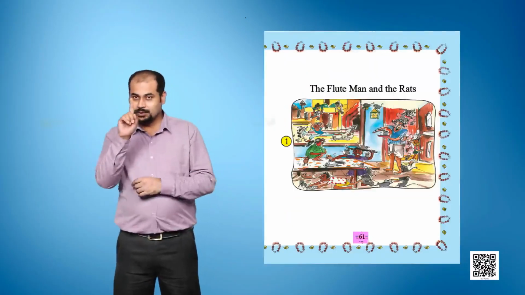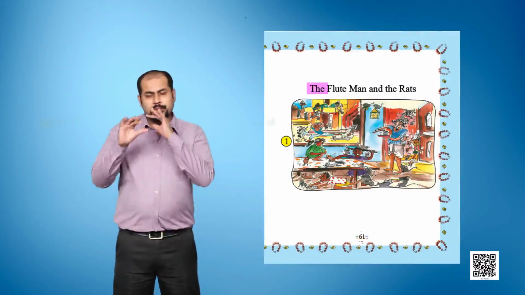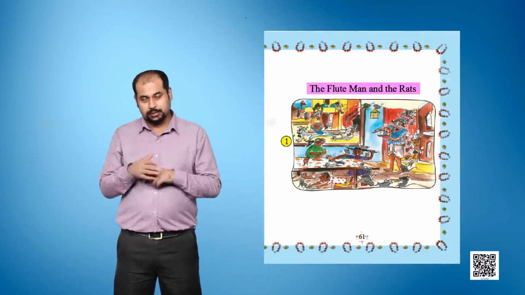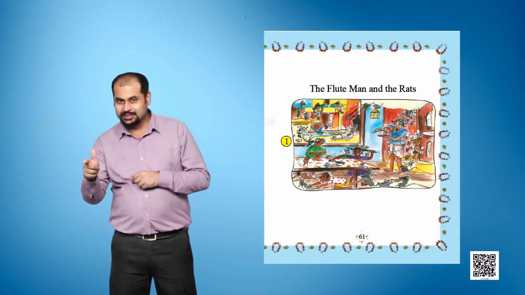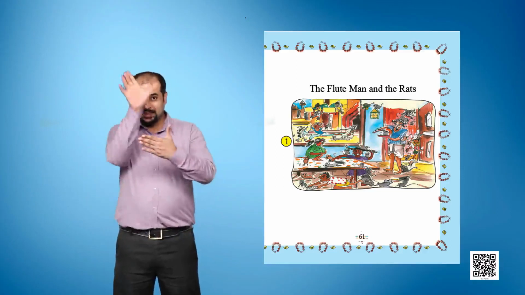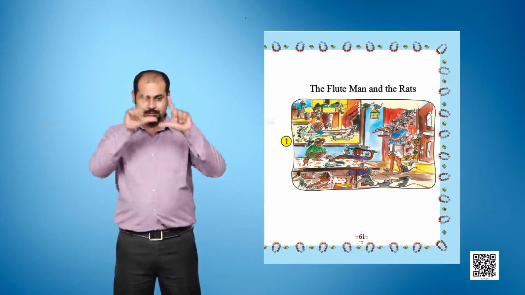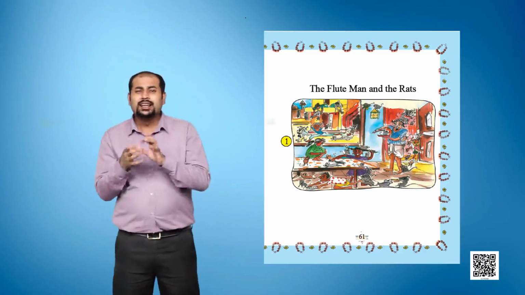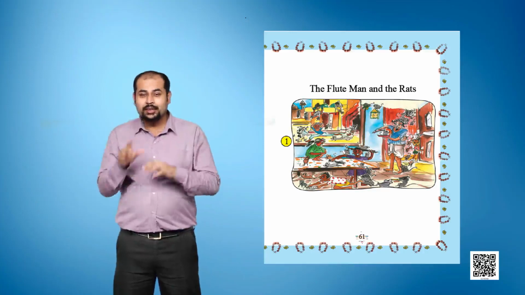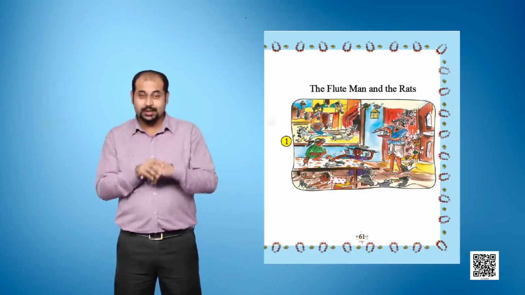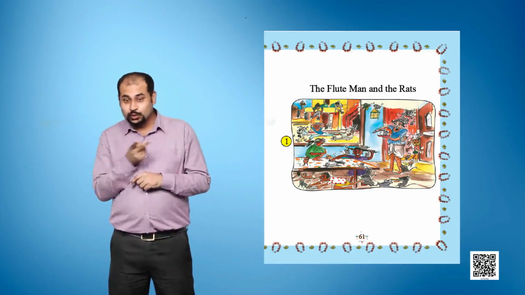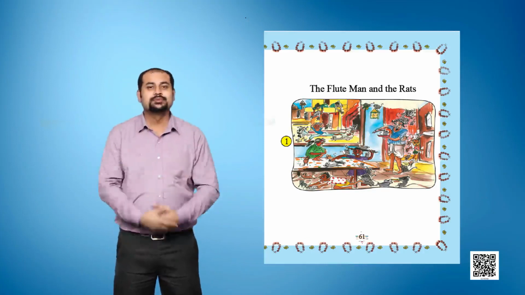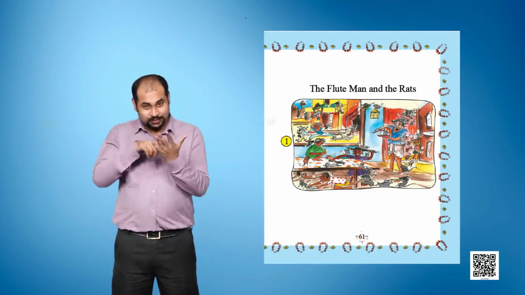Page number 61. The Flute Man and the Rats. On this page, there are 5 pictures related to the story of the Flute Man and the Rats. Let's begin reading the story.